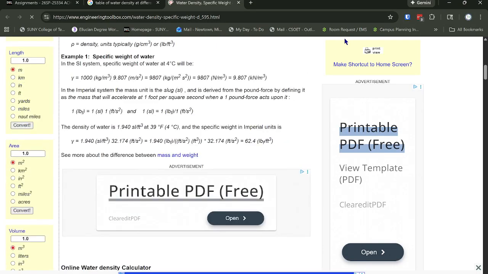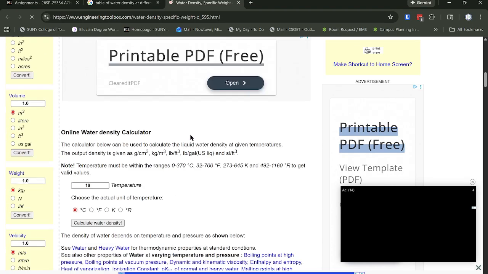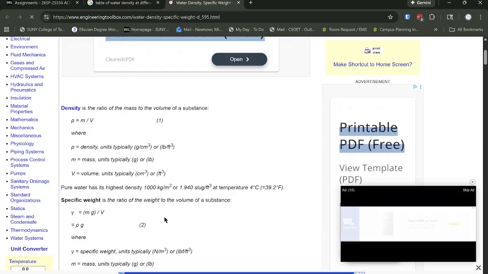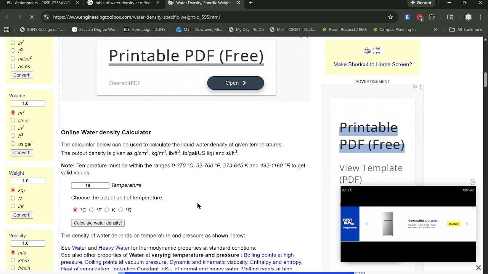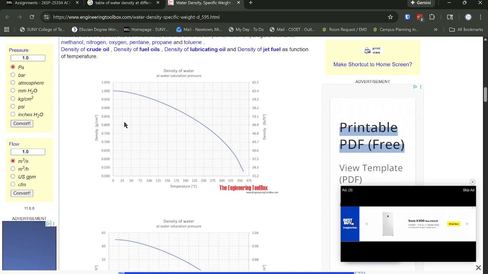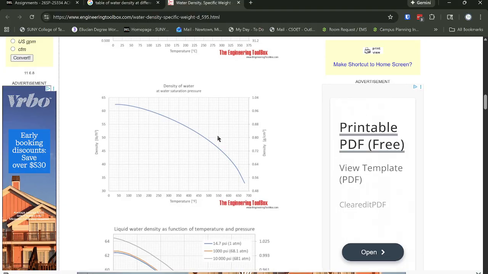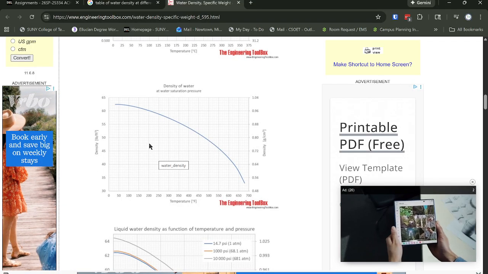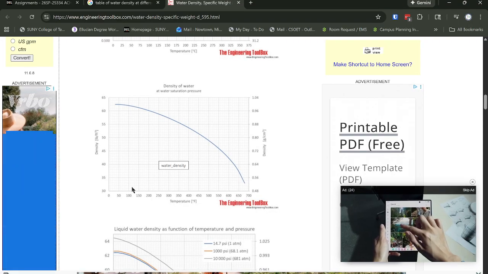Engineering Toolbox gives you a lot of theory background on stuff. You've got to work your way halfway down, but there is a calculator here, and this is the curve I was just drawing for you. Density in pounds per cubic feet, bang, and away you go.